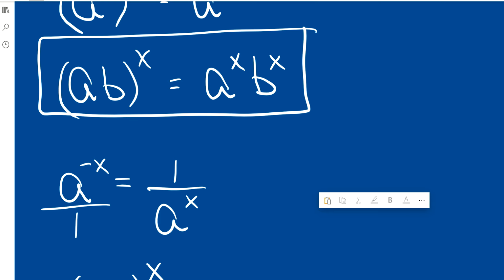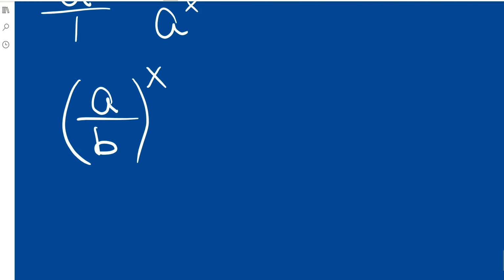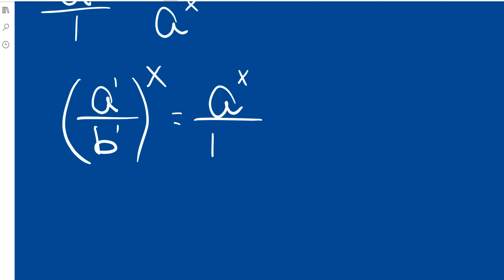I'm going to distribute that to the exponents of the a and the b, the x. And same with this. There's really a 1 here and a 1 here. Because of the parentheses, that means I'm going to use the power rule. And on a fraction, you distribute it to the numerator and denominator. So here you're going to have a to the x over b to the x. And whatever you get from that.